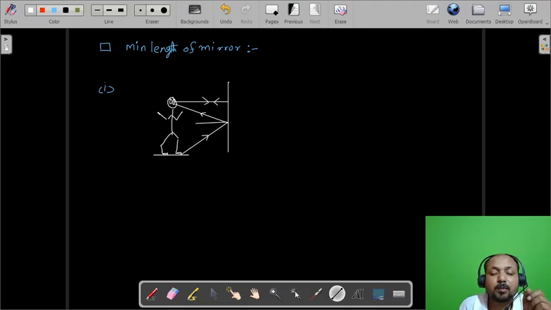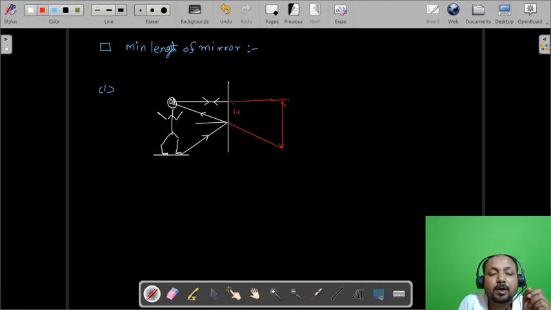So here the image will form. Let's say the image is somewhere here, found by extending the reflected ray. This will be the required image of the object. We have to find this minimum length, the minimum length of mirror.